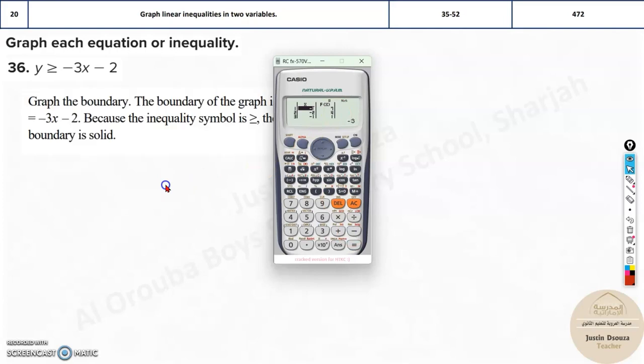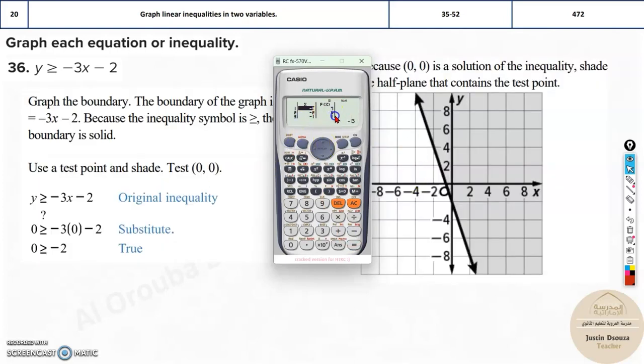You got the table. Now you can check at -3, what is the answer? 7. At -2, what is the answer? 4. At -1, it is 1. At 0, it is -2. Yes, all the values match.